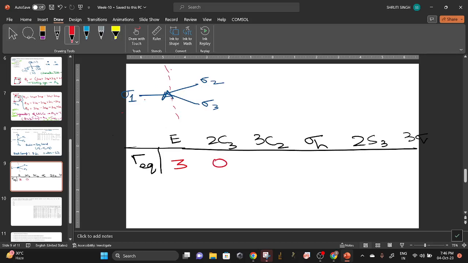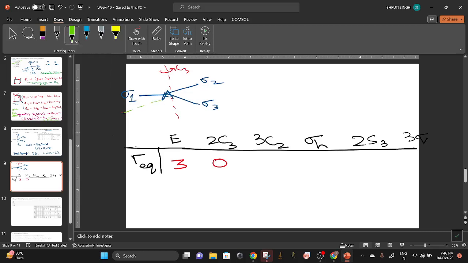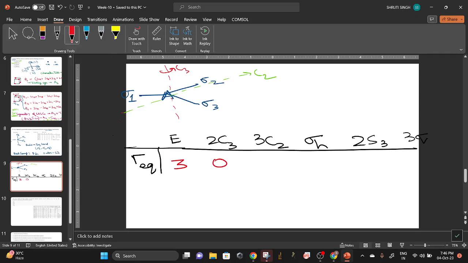On applying C2, C2 will be along the bond, like this, so if we apply C2, only one will remain unshifted. So this is 1.